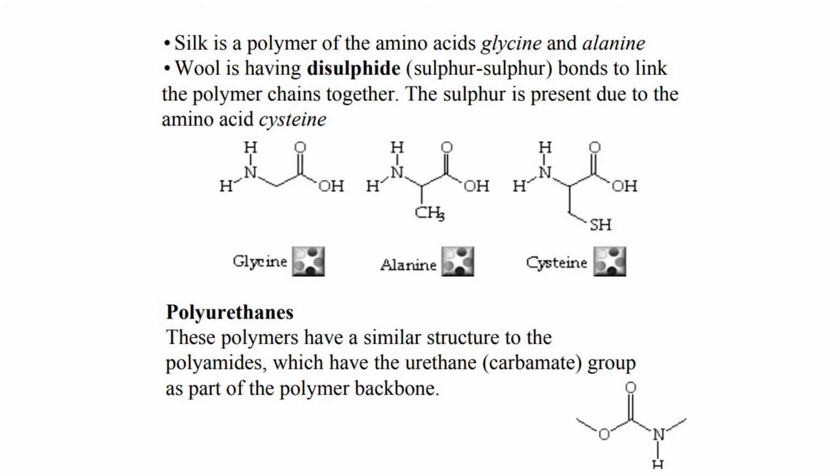And there are other examples of condensation polymers. Silk is a biopolymer, of course, a natural polymer. It's basically a protein. Polyurethanes are used heavily commercially. They are also condensation polymers.